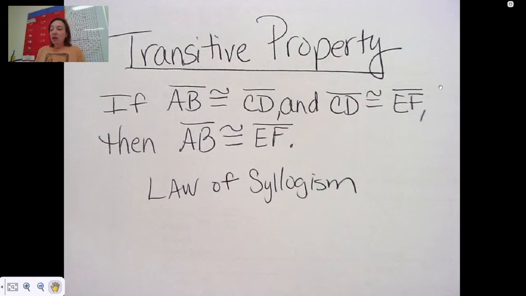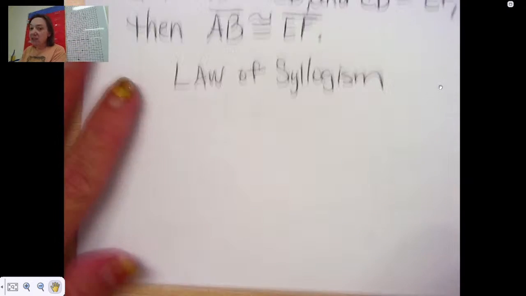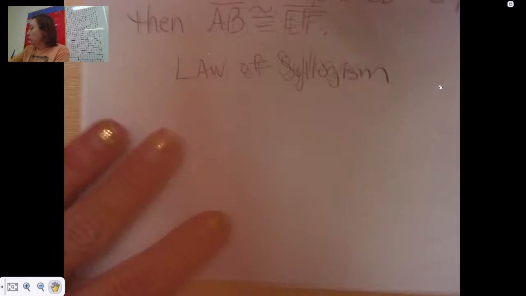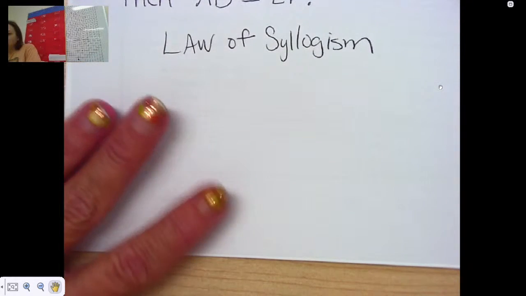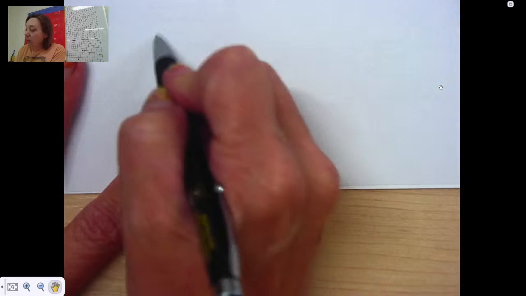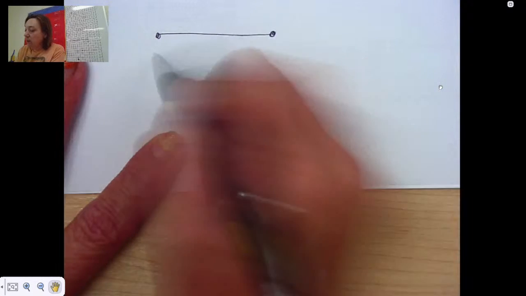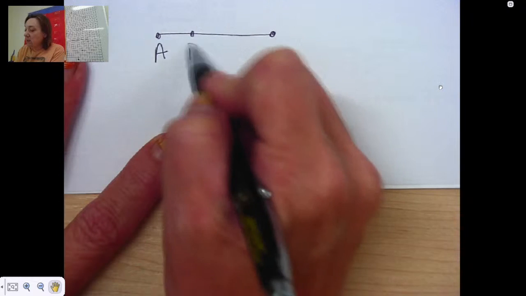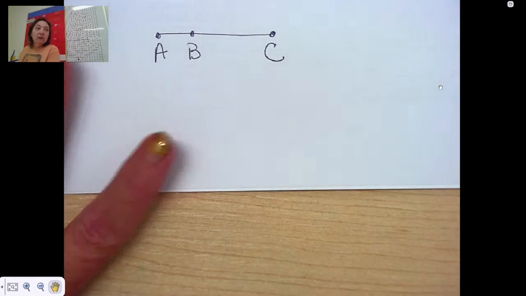That's one of them. All right, we've got one more thing we've got to look at, and this is one that we already know. We're just going to refresh our memory on it. Something we've already talked about. So if you have a segment, and that segment looks like this, right?